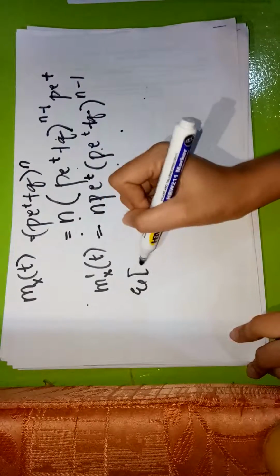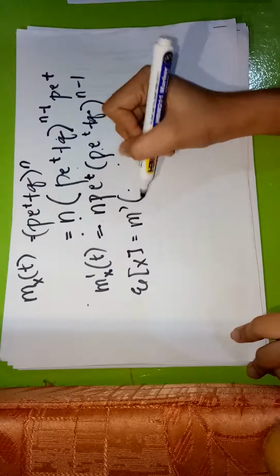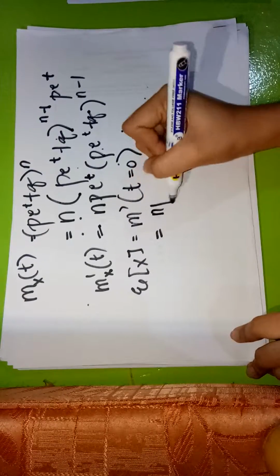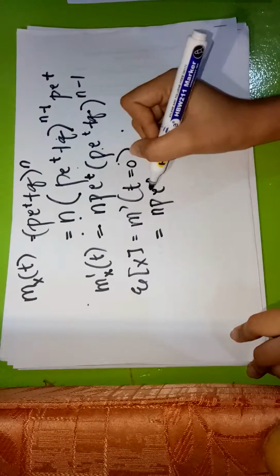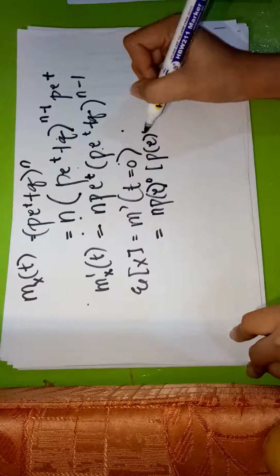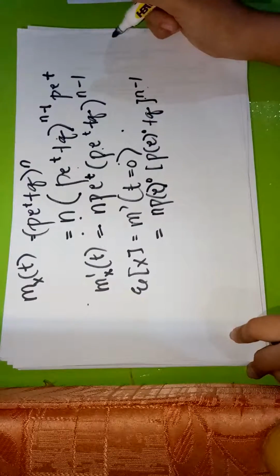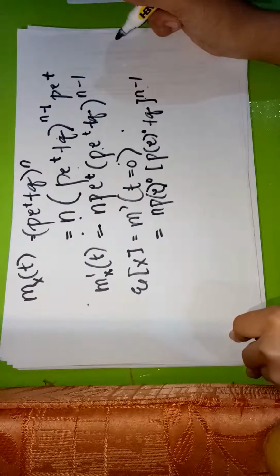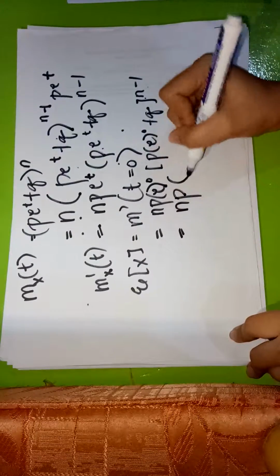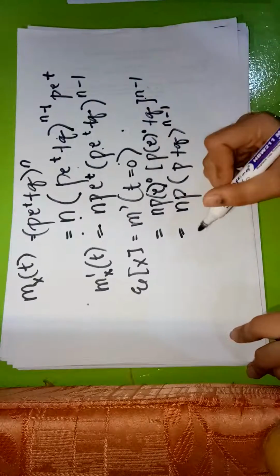So the expected value of X equals np e to the power of 0, quantity p e to the power of 0 plus q, to the power of n minus 1. So e to the power of 0 is equal to 1. So we have here np times quantity p plus q, to the power of n minus 1.